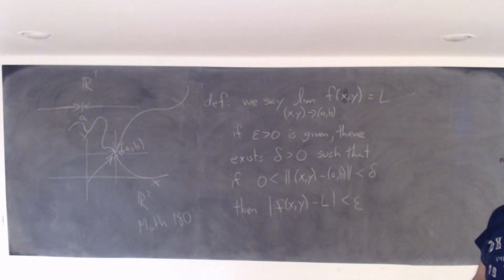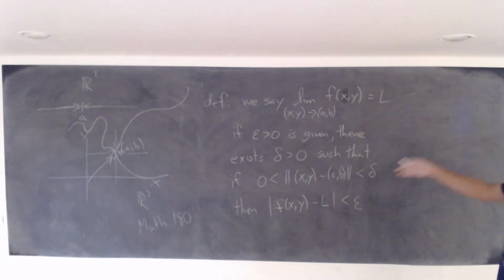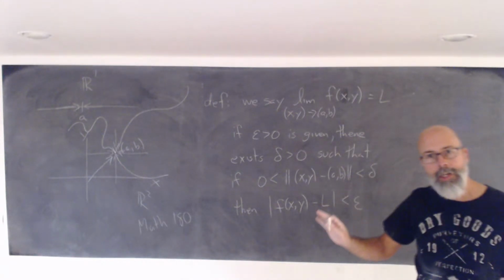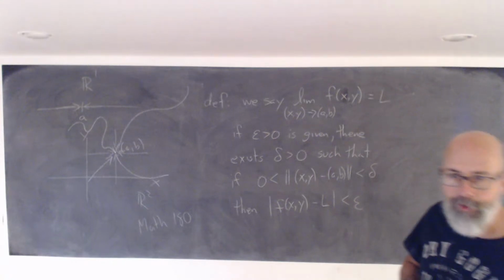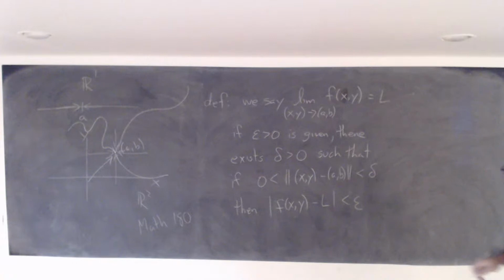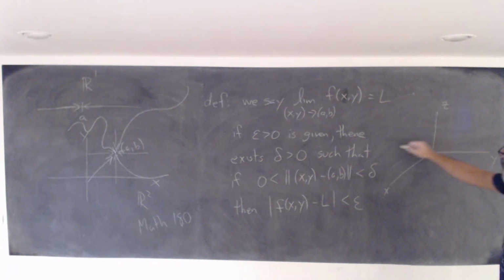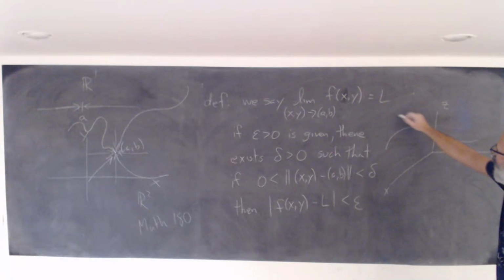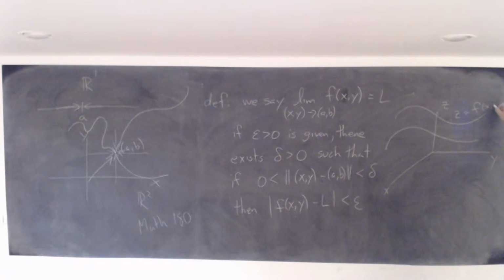Let's understand this. Well, first of all, it's an immediate generalization of the Epsilon-Delta definition in Cal 1 that you know and love. Let's see what this means from a graph. Suppose you've got this function hovering above, z equals f(x, y).